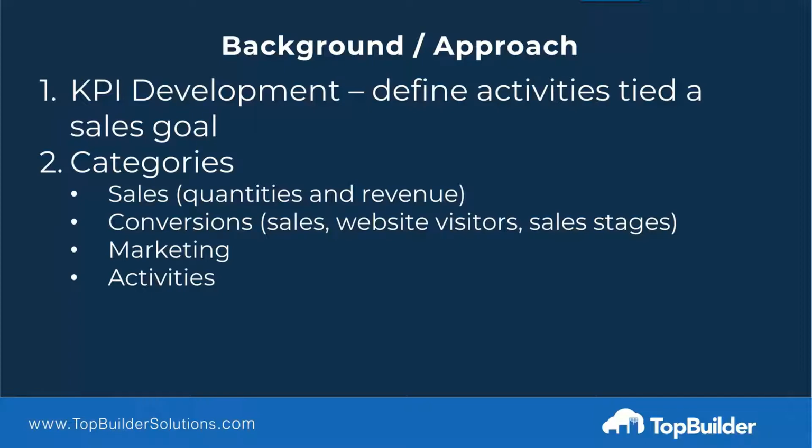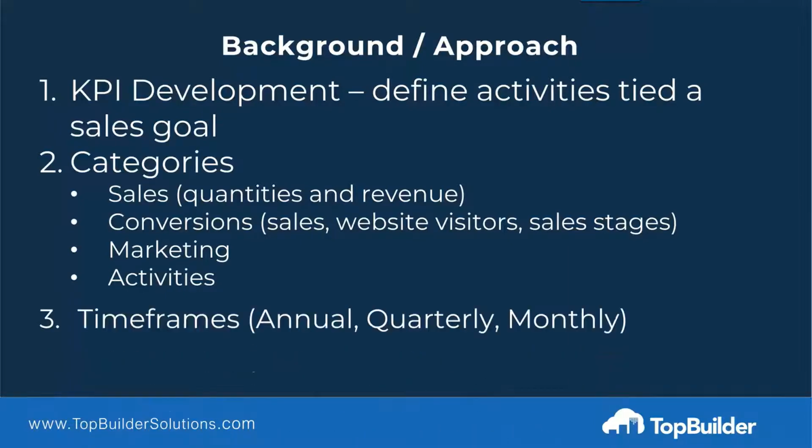It indirectly leads to sales. But activities can be things like follow-up times. How quickly do we respond to online leads? How quickly do we follow up on website walk-in traffic? That's part of KPIs. It's hard to tie that directly to a sale, but it is a KPI that many of us want to track.